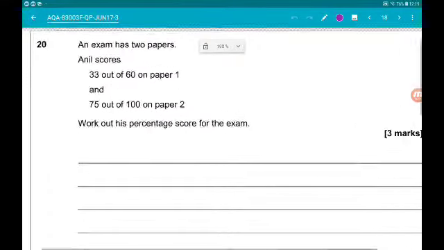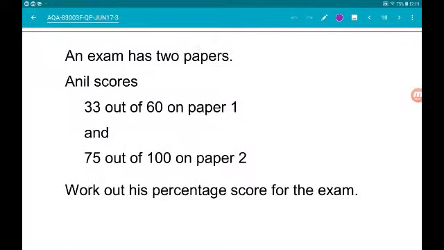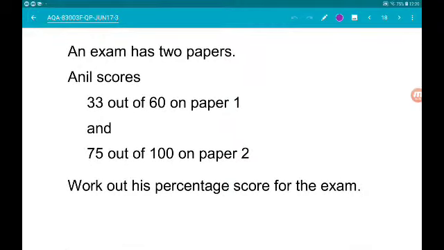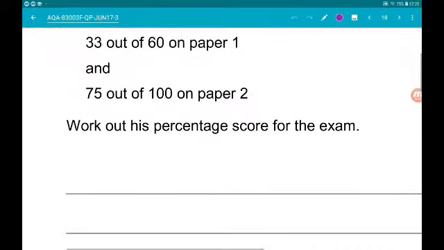Okay, number 20. So we are told an exam has 2 papers. Neil scores 33 out of 60 on paper 1 and 75 out of 100 on paper 2. Work out his percentage score for the exam.